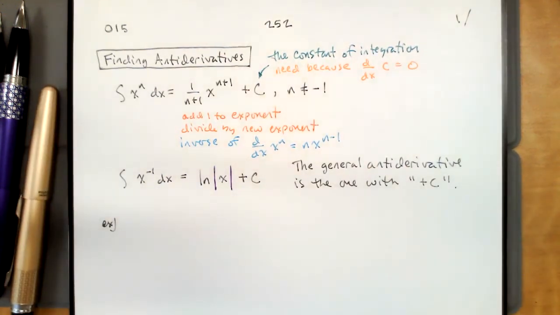When I call for the general antiderivative, I'm going to want you to use rules for finding antiderivatives to find the antiderivative, and the general part is put a plus c on the end of it.